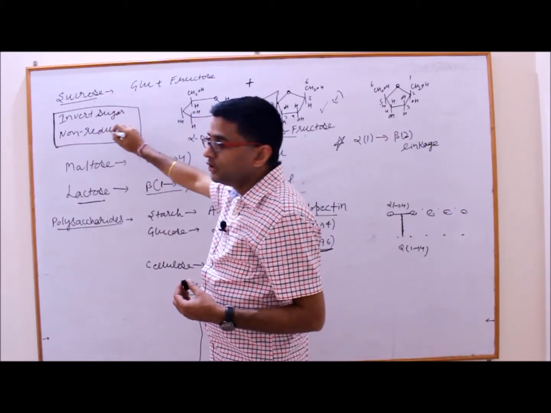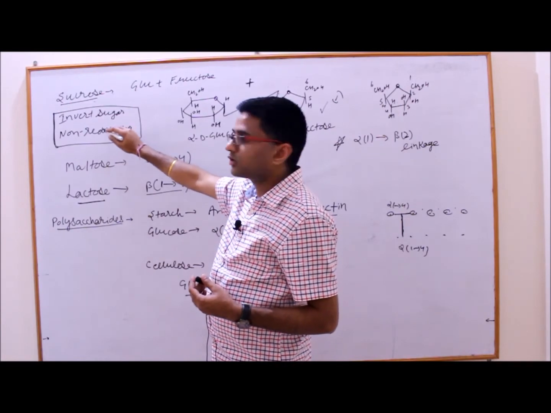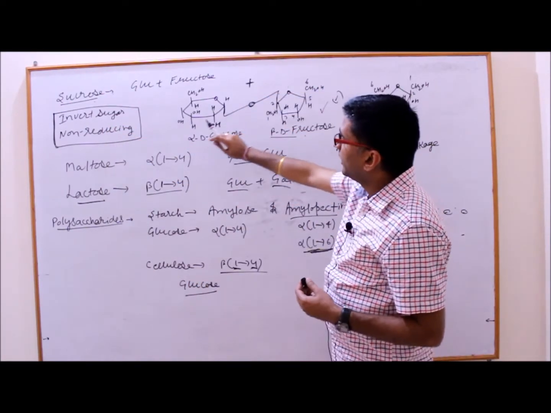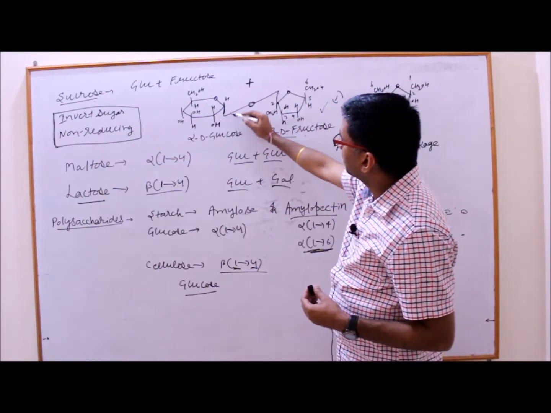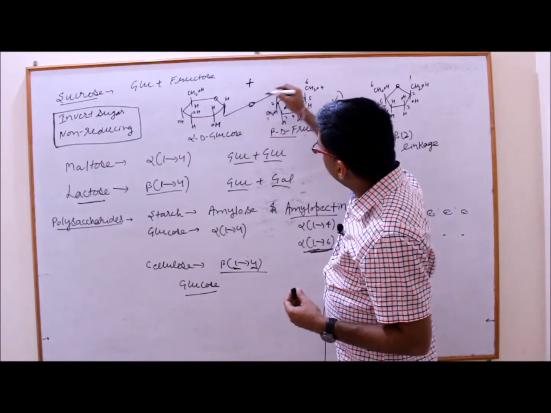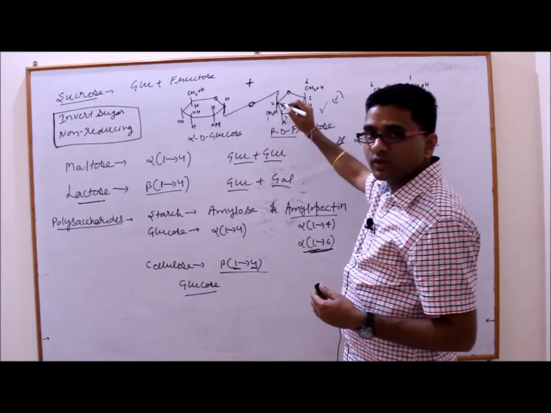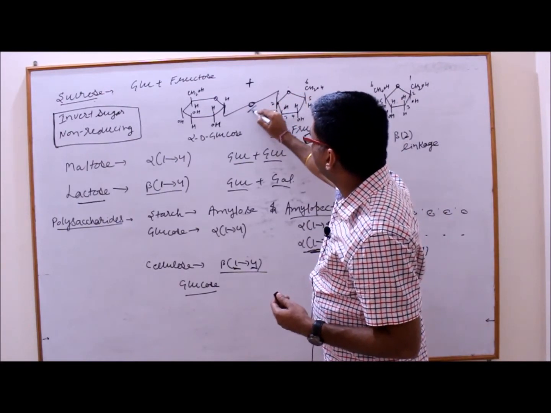Sucrose is also called a non-reducing sugar because it cannot reduce Fehling's solution or Tollens' reagent. It doesn't react. Why? Because in sucrose the linkage is between carbon 1 and carbon 2. These both carbons, which were carbonyl carbons, are involved in the glycosidic linkage.